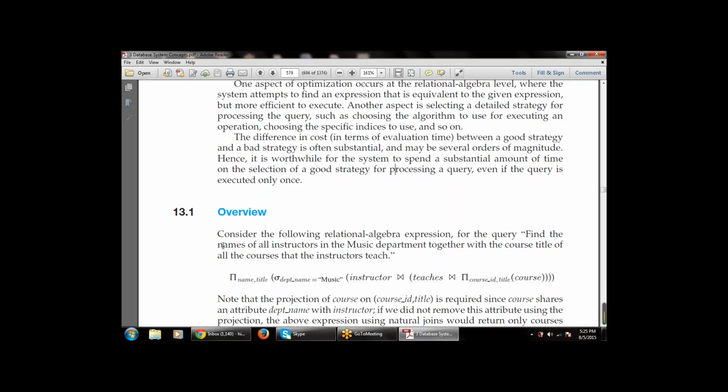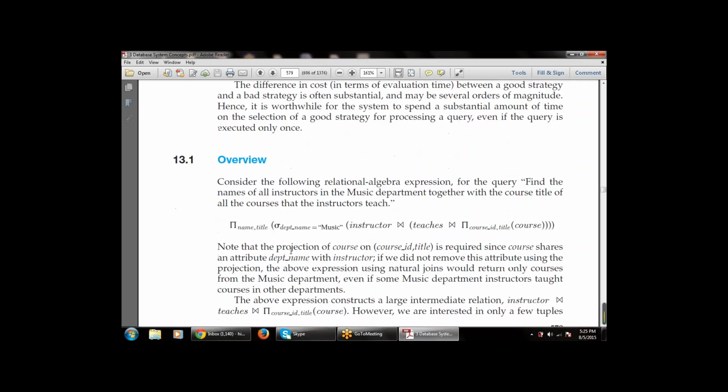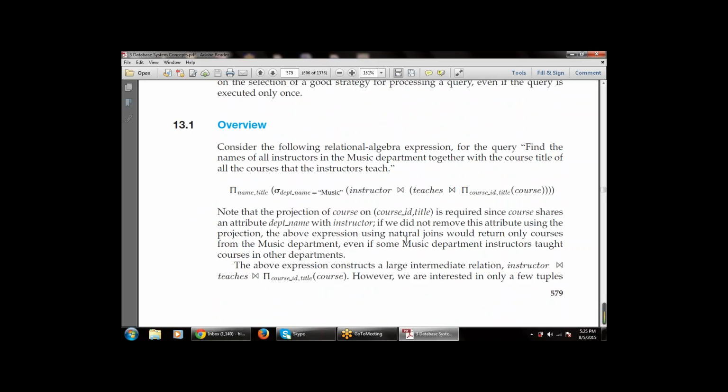Note that the projection of the course on the course title is required, since the course shares the attribute department name with the instructors. Course ID and title are also required for getting the query. If you remove this attribute using the projection, that is, if department name is dropped, the above expression using natural join will return only the courses from the music department, even if some music department instructor taught courses in other departments.